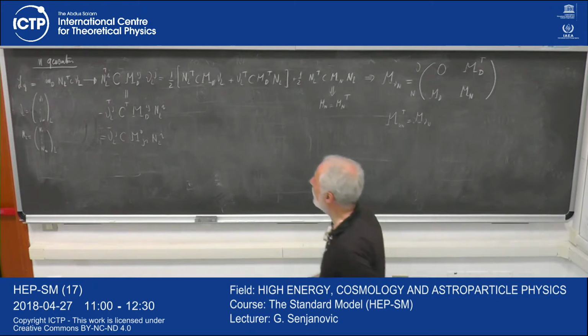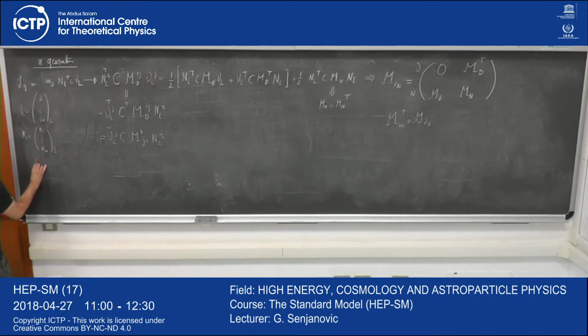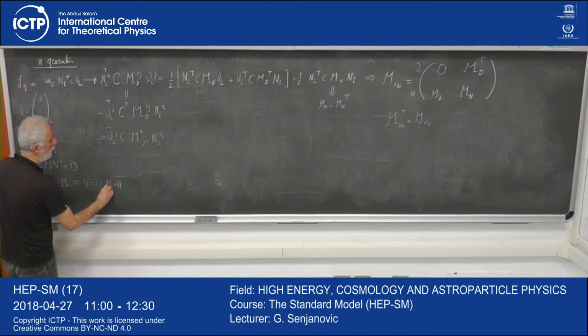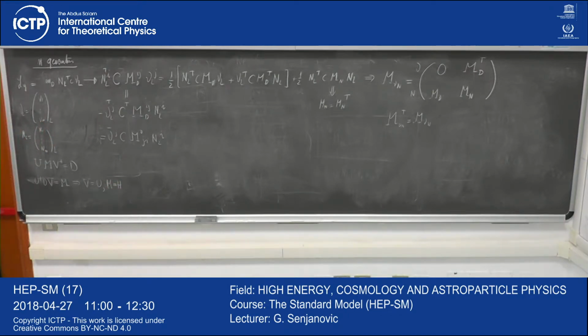But remember what you and I learned. Any matrix can be diagonalized: U M V dagger can be made diagonal. When the matrix is Hermitian, let's write U dagger M V is diagonal. From here you find out immediately that V is U when M is Hermitian. A Hermitian matrix is diagonalized just by a unitary transformation.